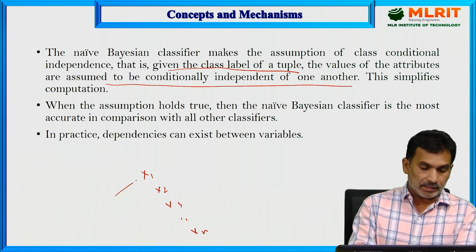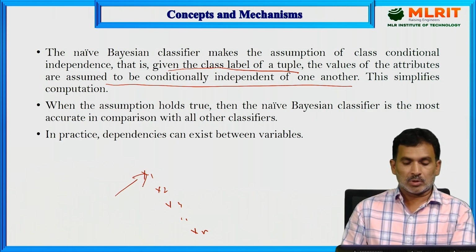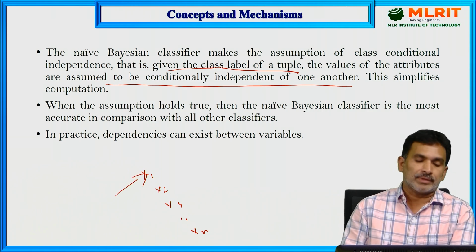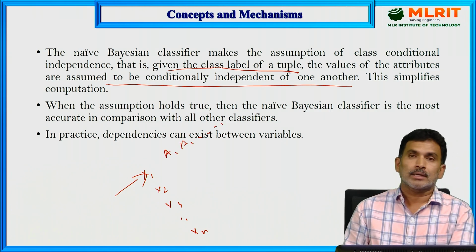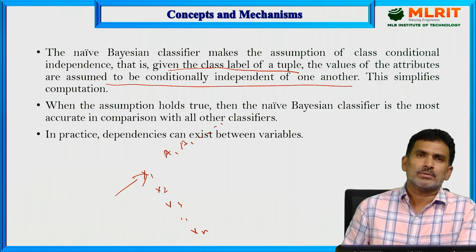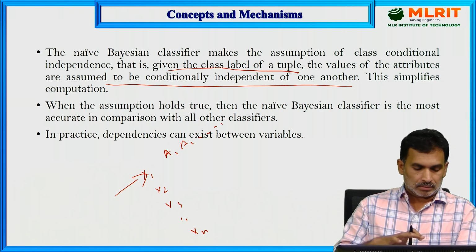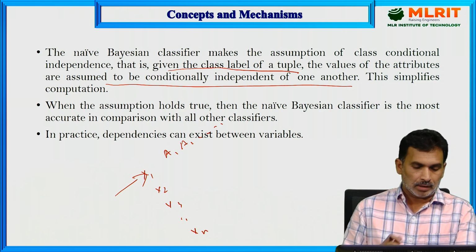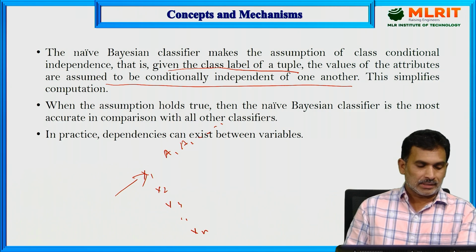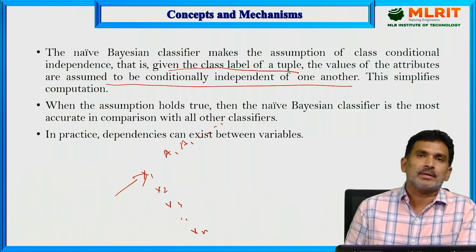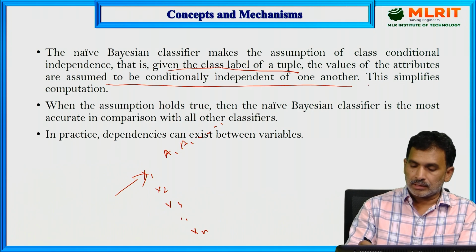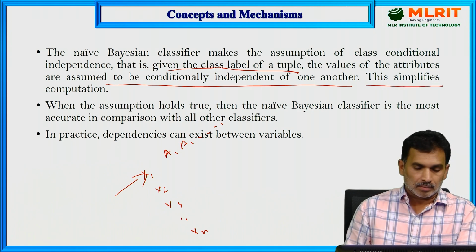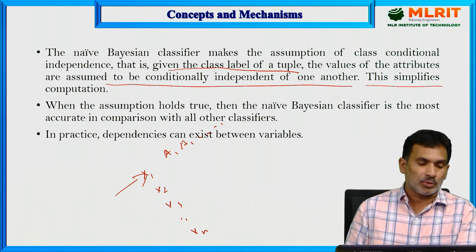Taking any tuple and its class label, the attributes a1, a2 and so on, n attributes, used to describe this tuple or data object, are assumed to be conditionally independent of one another. As we already discussed for the naive Bayes classifier, this is mainly used to simplify the computation.